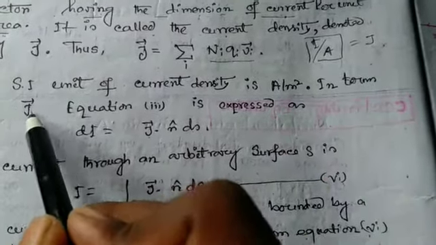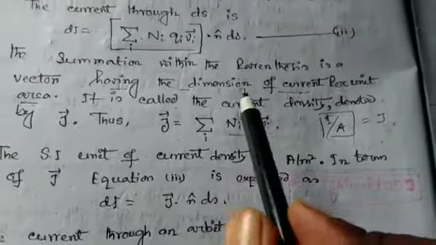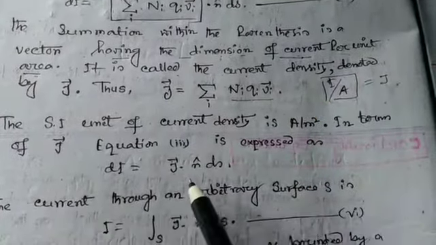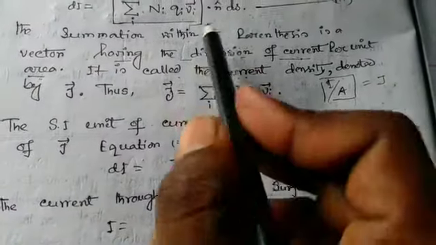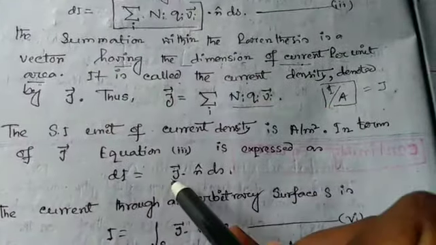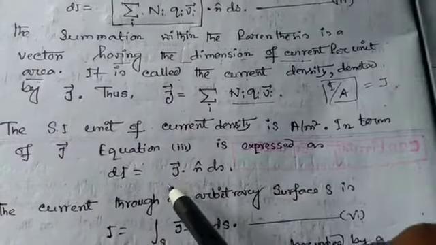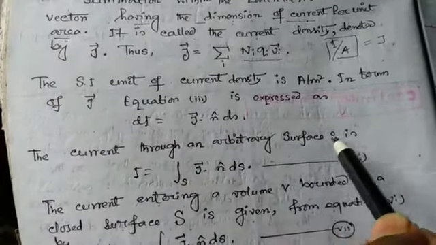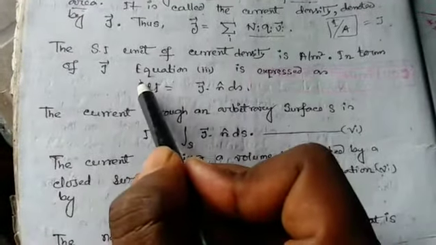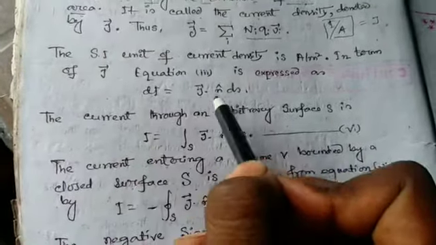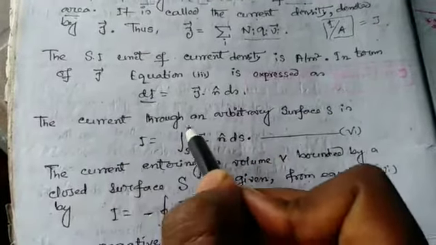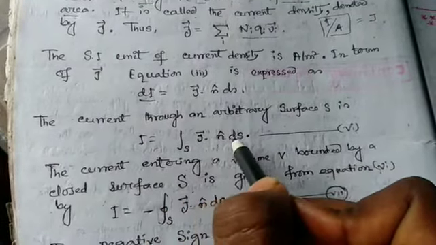In terms of J, equation 3 changed to this equation after putting the value of J vector, n_i q_i v_i. Clear? The current through an arbitrary surface is I, just integrate this equation: surface integral of J dot n̂ ds.